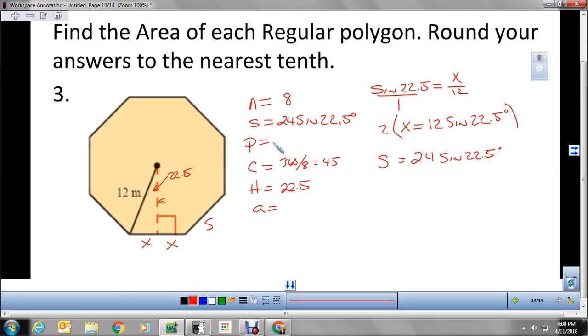So the next step is to calculate the perimeter. Perimeter is going to be found by taking 8 times 24. And 8 times 24 is going to be 192 sine 22.5.